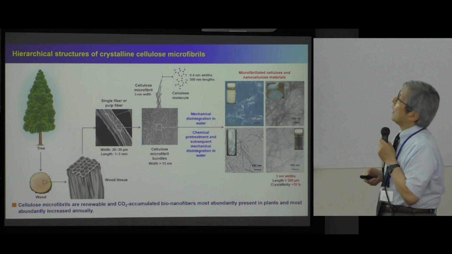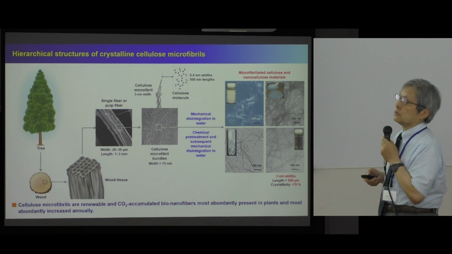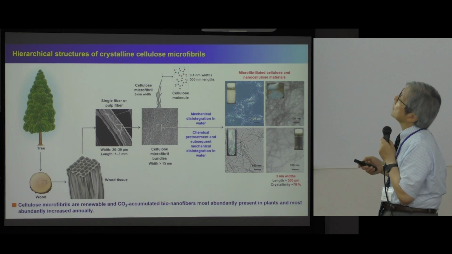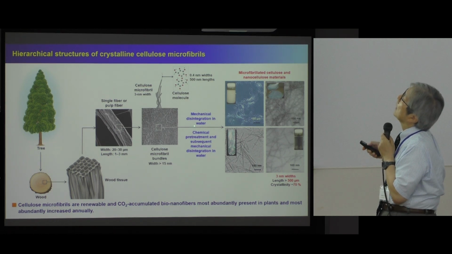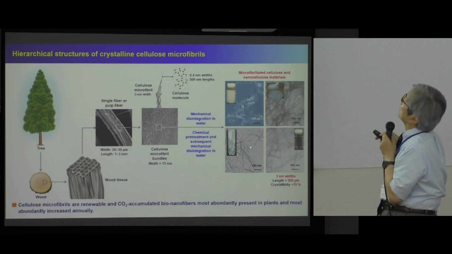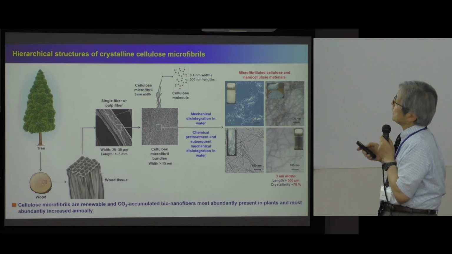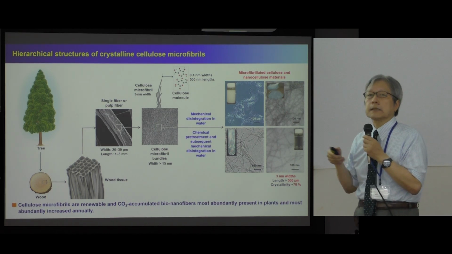But in 2004 or 2005 or something like that, we succeeded in completely individualizing cellulose microfibers into individual fibers, nanocrystal fibers and networks, like this. The important point is that these materials have so large a surface area.